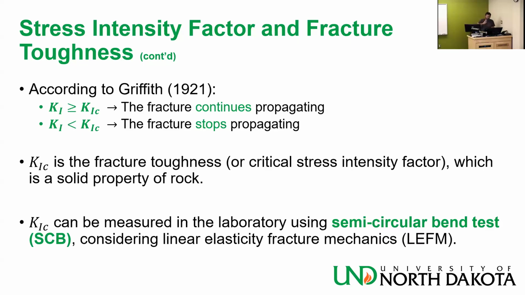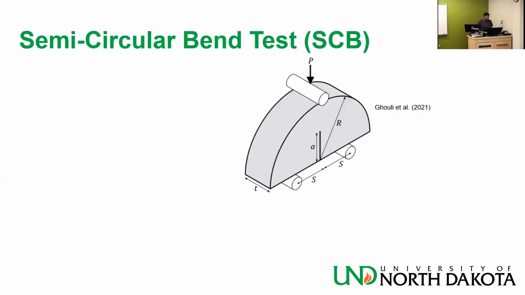KIC can be measured in the laboratory with what we call the semicircular bending test, considering linear elastic fracture mechanics. And this SCB test is a very smartly designed test. You have a semicircular sample with certain dimensions, a certain radius, and a notch of certain length made.